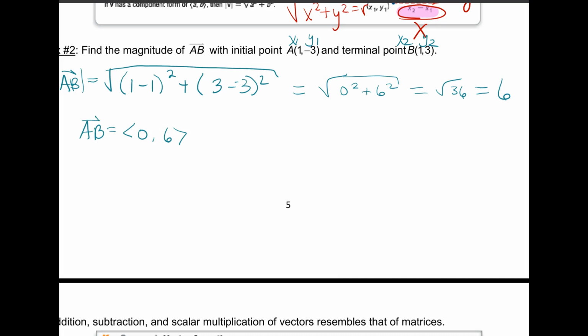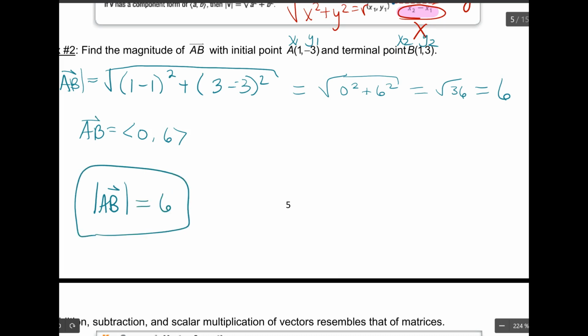But if I want the magnitude, if I want the length of my vector, it shouldn't be a surprise that the length is 6. Yep, boxed it. Because that makes sense, right? If I'm trying to draw a triangle and I have 0 x length, then my length is just going to be the y length.